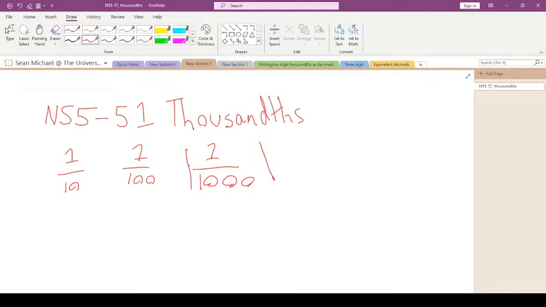Now, what is a thousandth? Like we were talking about yesterday, these go up by 10. Remember, we had place values.